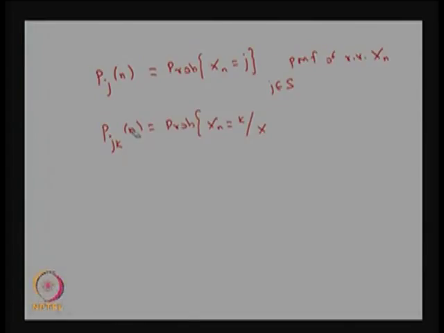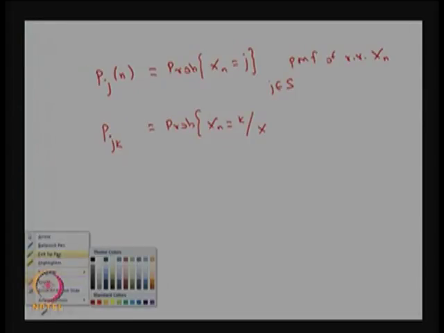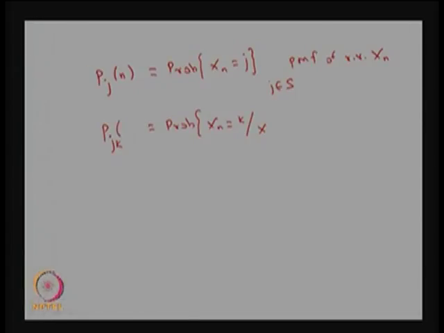I need two indices here, with the two variables m comma n. What is the probability that Xn will be in the state k given that Xm was j.